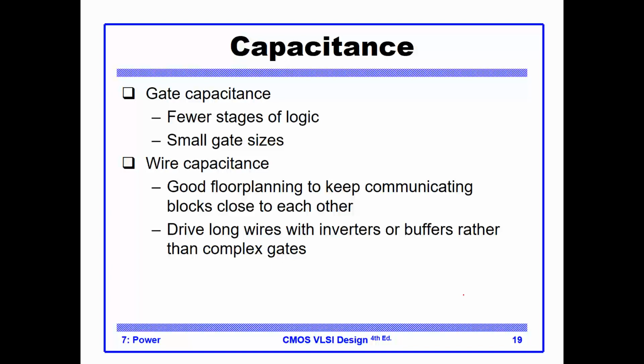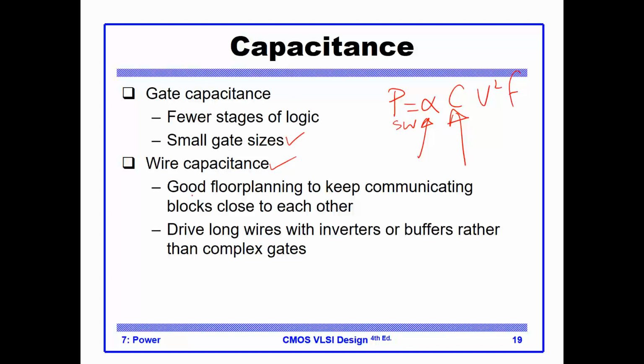Okay, now so we say power is alpha, that's dynamic or switching, alpha C V squared F. So we talked about how to reduce alpha. How about reducing capacitance? That's how we reduce capacitance: by making gates smaller, using fewer of them, and reducing the interconnects, which reduces the wire capacitance.